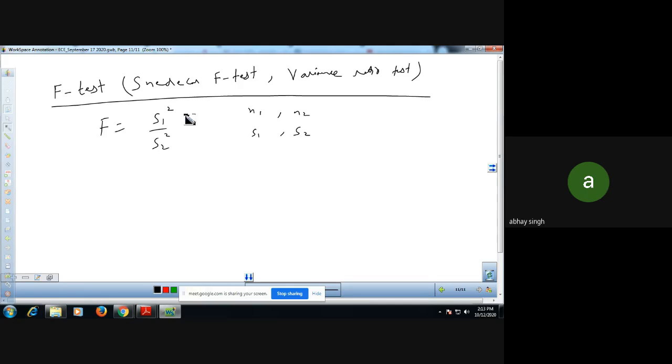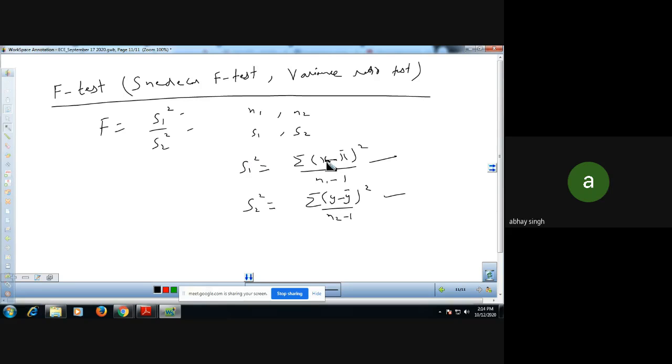Now we have to find this ratio and decide accordingly. For finding this, S1 square is summation x minus x bar square over n1 minus 1, and S2 square is summation y minus y bar square upon n2 minus 1. This is the formula to calculate S1 square and S2 square.